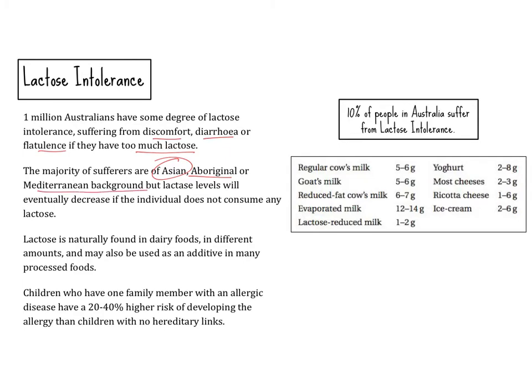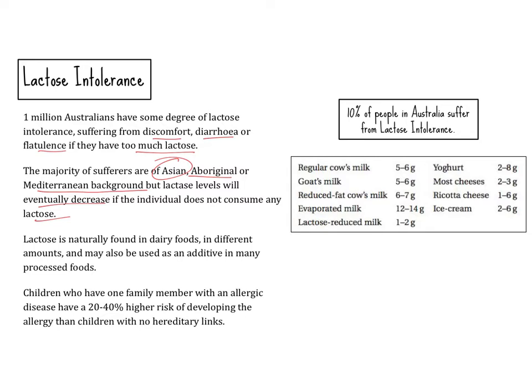And the reason why is because these geographical locations don't typically have access to milk and milk products, or they didn't throughout our history, which means that people have evolved from these cultures to not have high levels of lactase in their digestive system. Also, if somebody doesn't have lactose products for an extended period of time, those levels of the enzyme will eventually decrease.